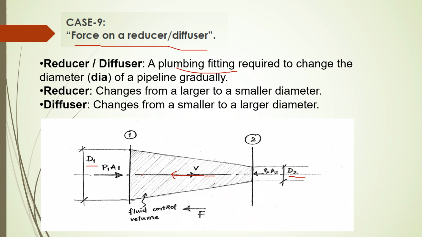The velocity is in this direction, and the force applied by the liquid on the reducer, that pipe fitting, should be the force of the liquid in the equal and opposite direction. That should be F, and F is required to be determined as the force of the liquid applied on the diffuser or the reducer during the flow of the liquid from cross section 1 to cross section 2.